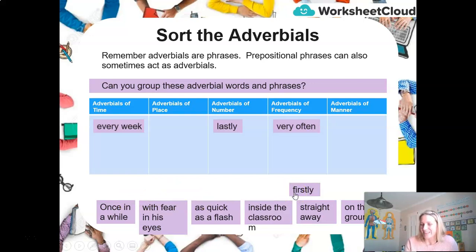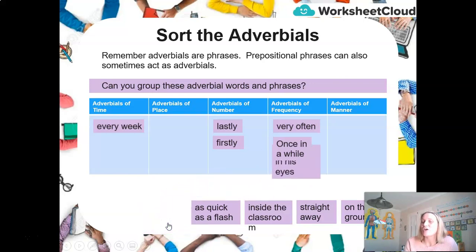Firstly, well, that's another word that we often use in instructional writing to order things. So again, it's an adverb of number. Once in a while, it is a frequency adverbial. With fear in his eyes, it's an adverbial of manner. It tells me how, in what manner, something is happening.